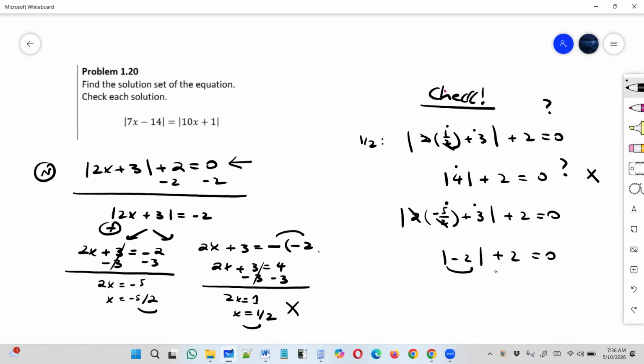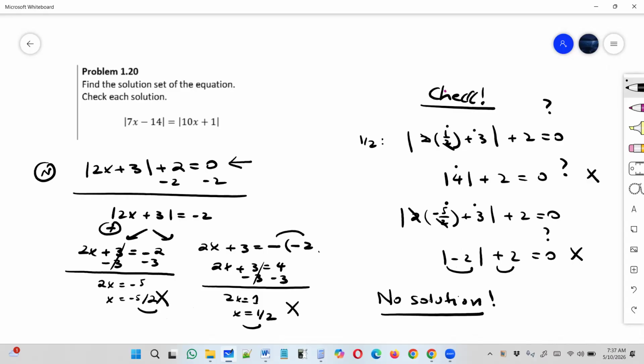Is the absolute value of negative 2, plus 2, 0? Well, the answer is also no, because the absolute value of negative 2 is 2. Plus 2 would be 4. So in this case, both answers did not work. If that happens, you would have to write on the problem, no solution.